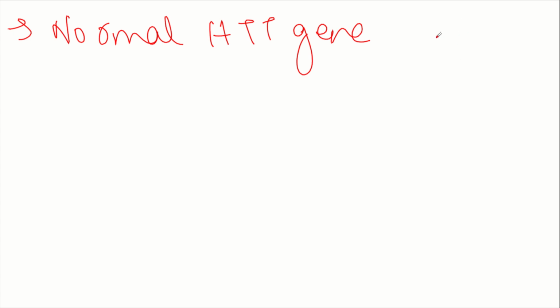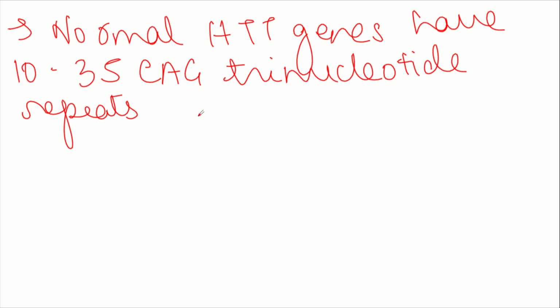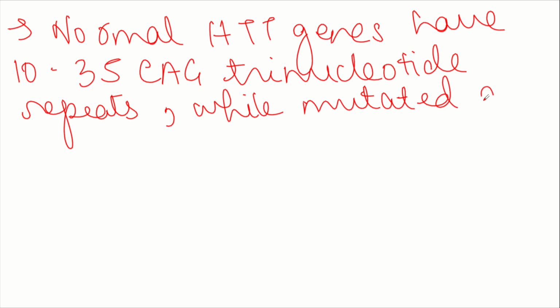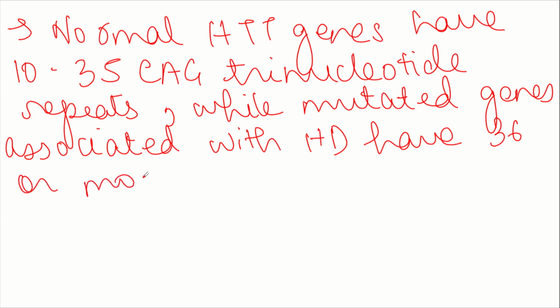Normal HTT genes have 10 to 35 CAG trinucleotide repeats, while mutated genes associated with Huntington disease have 36 or more CAG repeats.